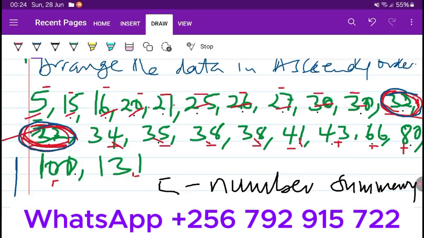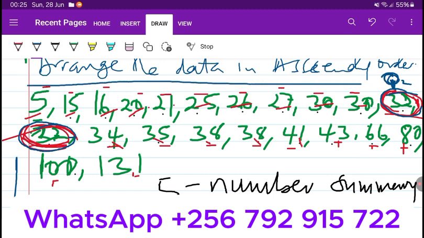So this and this are our Q2. Now, what is left this side will give us the Q1. So we also count how many are left this side. There are 10.